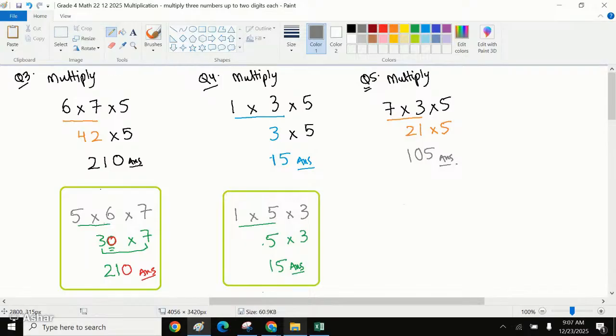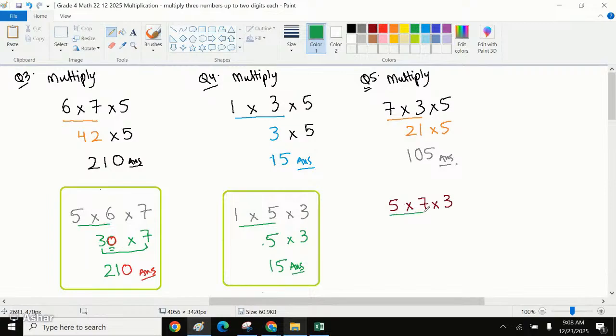And if we change the order, if we say that this is 5 multiplied by 7 multiplied by 3, we are not changing the numbers, we are just changing the order.